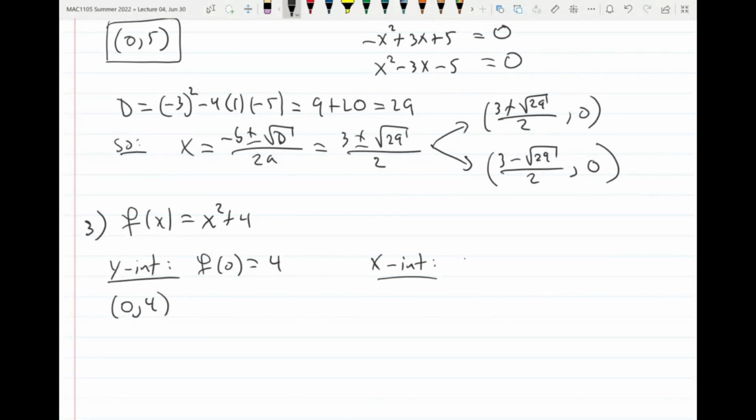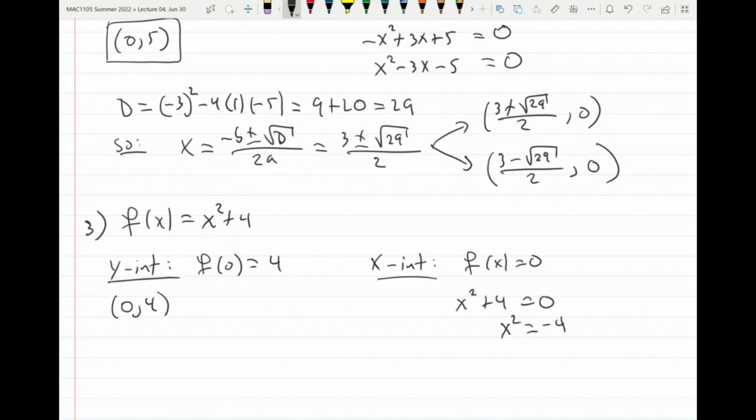So you need to solve this equation, right? So that would be x squared plus 4 equals 0, which means x squared equals negative 4. So what's going on here? There's no real solution, right? Because solutions here are imaginary, but we're talking about x-intercepts, so we're looking for actual points on the graph. So are we crossing the x-axis? No, we're not crossing the x-axis.